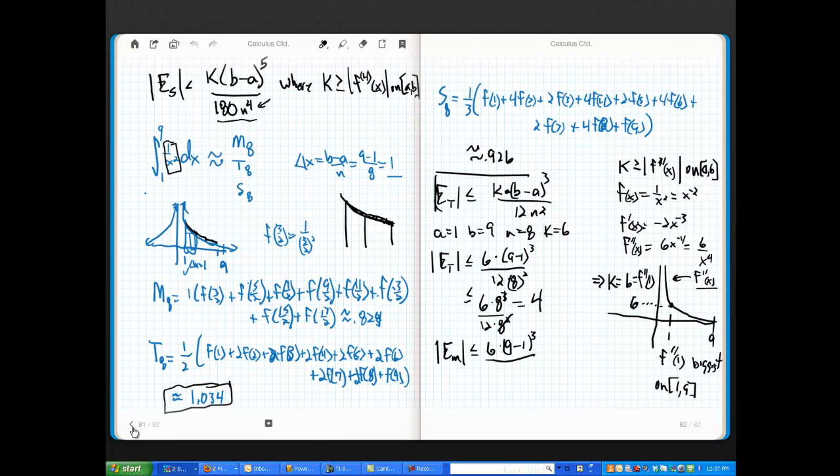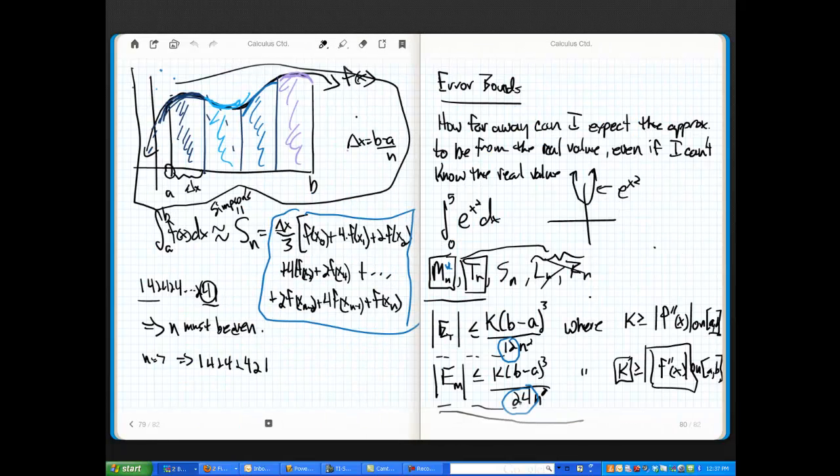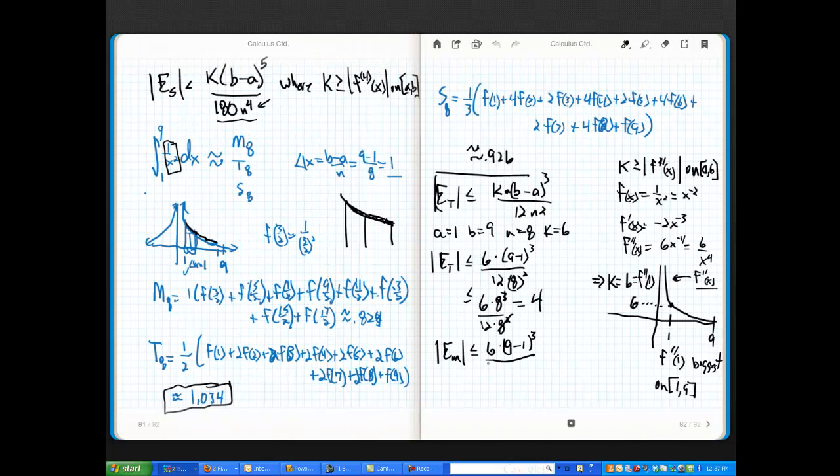It wasn't 12, it was twice as big. Sometimes I remember and sometimes I don't. So this is going to be 24 times 8 squared, right? So this is going to be less than or equal to 6 times 8 cubed divided by 24 times 8 squared. Same algebraic trick. 48 divided by 24 is 2.